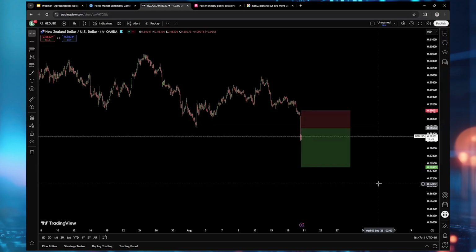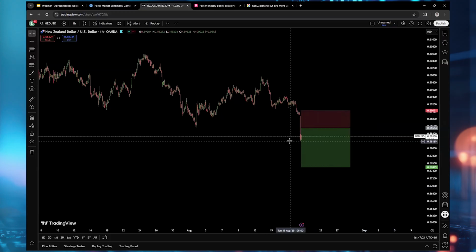So the entry would be around 0.58550, 0.58580. And then once that gets triggered, and you break this little bottom of 0.58200, I would just close the majority of the position, move my stop losses to break even, and then try to trail the position as far as I could so I could maximize the profits on those positions.